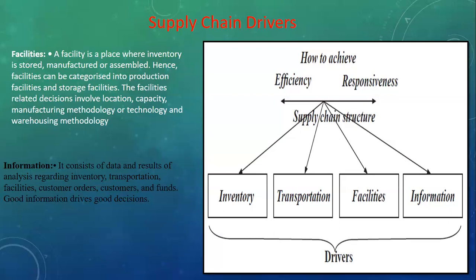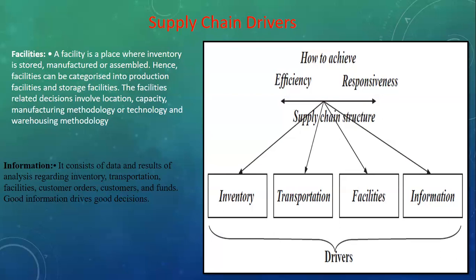If you have good information, you will drive your supply chain with the right decisions. On the basis of the data, you can manage your inventory, transportation, facilities, and customer orders and funds.